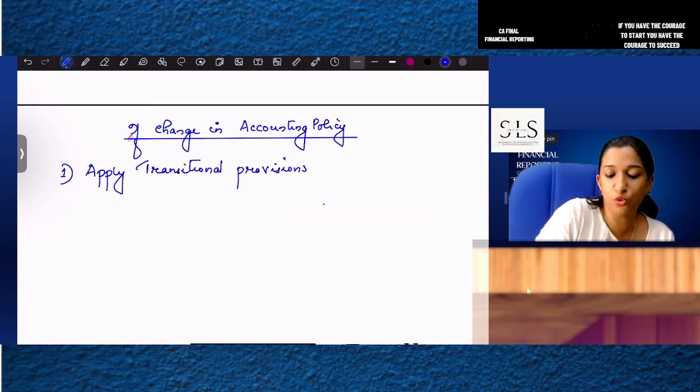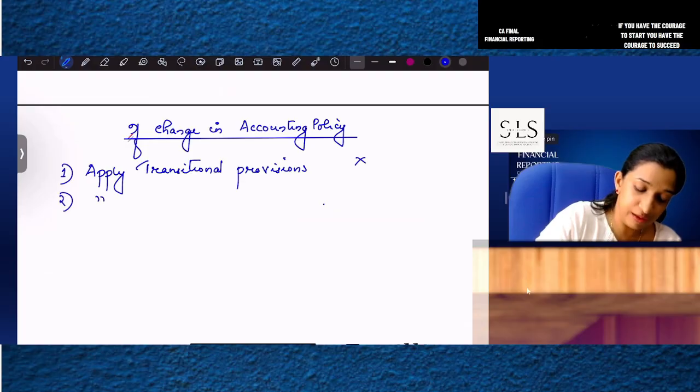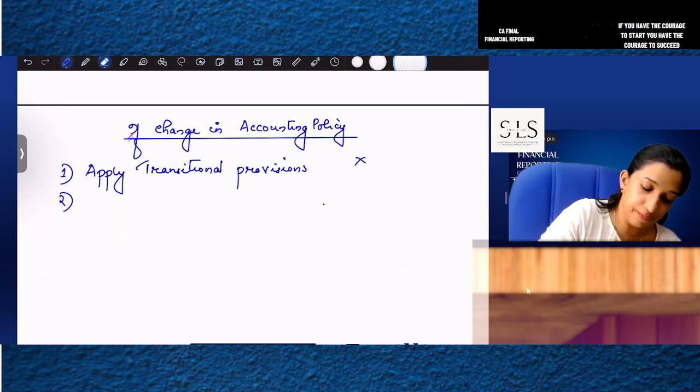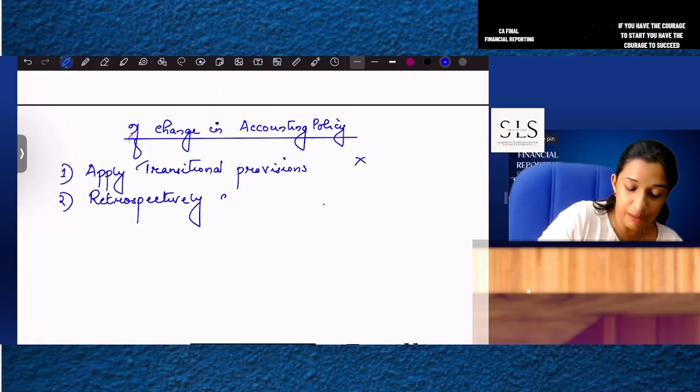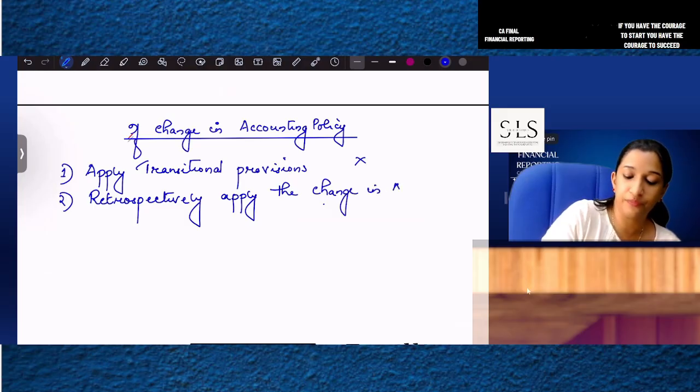There are no transitional provisions here. Then retrospectively apply the change in accounting policy.